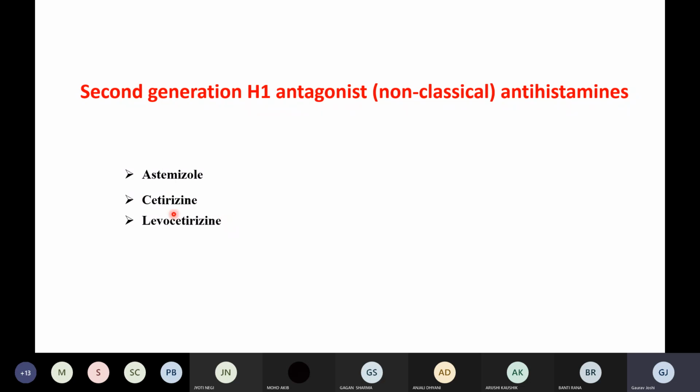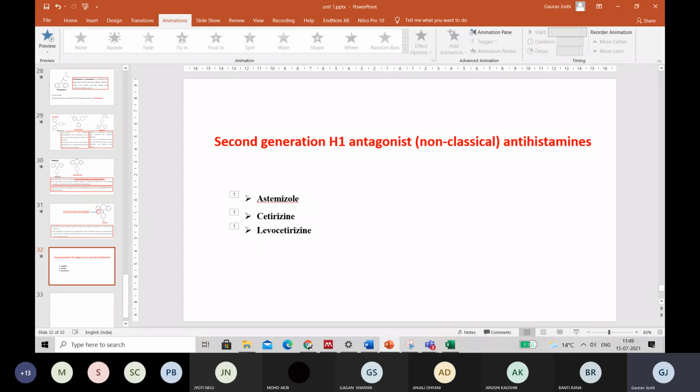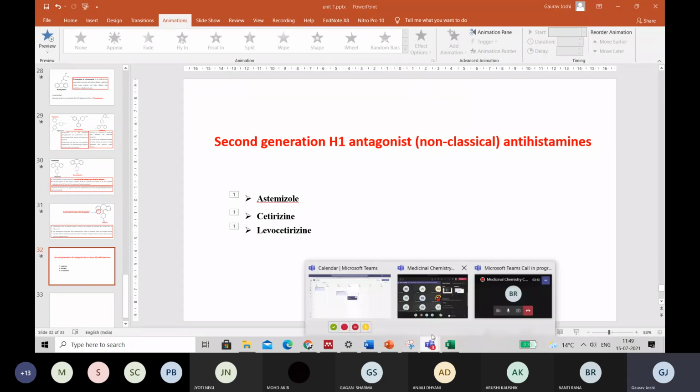What is the common difference between them? Why is the word levo there, right? I'll be discussing this in the next class, that is tomorrow, right? So if anyone has any questions now, they may ask. Any questions they want to ask?